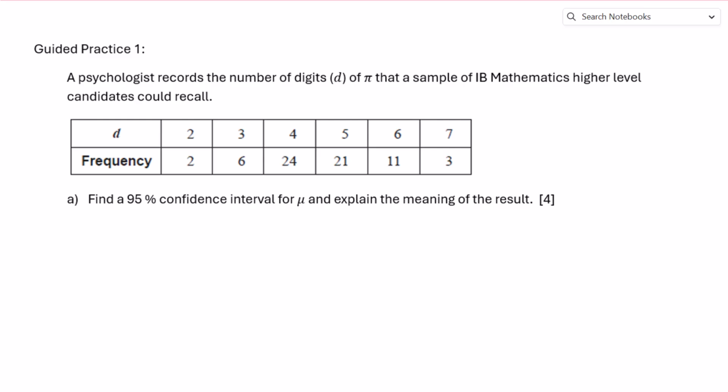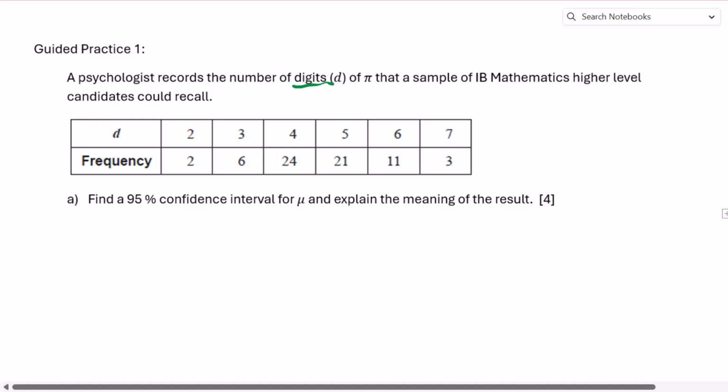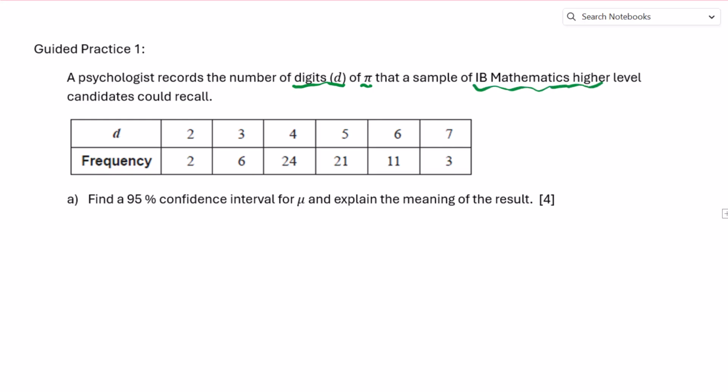A psychologist records the number of digits D of pi that a sample of IB Math HL candidates could recall. Find a 95% confidence interval for mu and explain the meaning of the result.